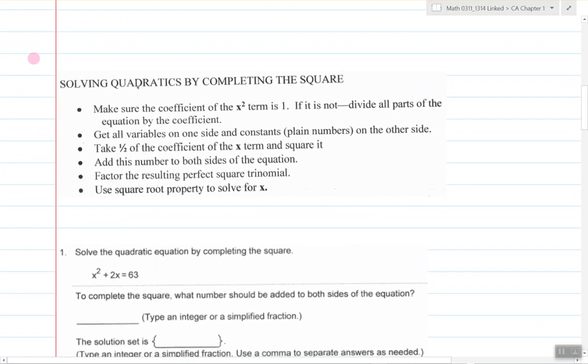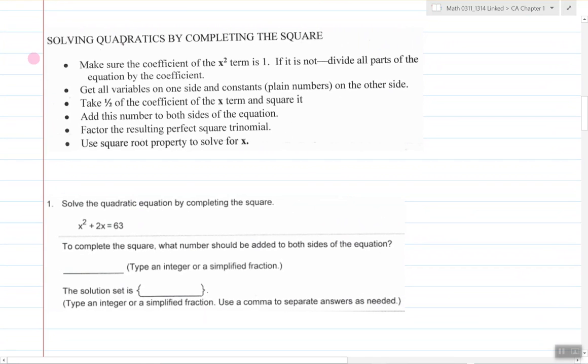by completing the square. I have some steps. Number 1, make sure the coefficient of the x squared term is a 1. If it is not, divide all parts of the equation by the coefficient. Number 2, get all variables on one side and constants, plain numbers, on the other side.